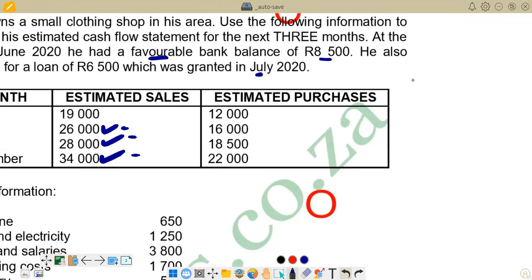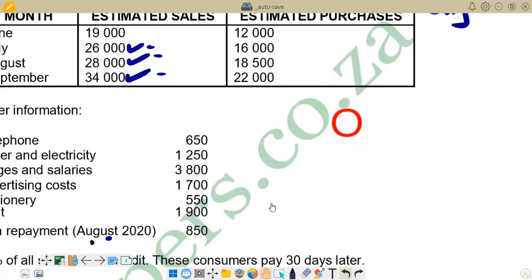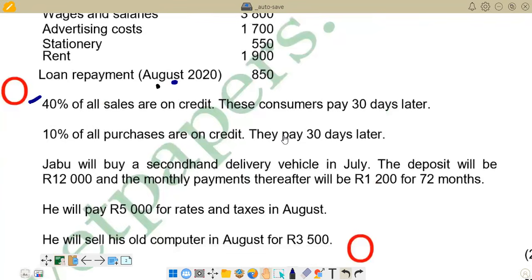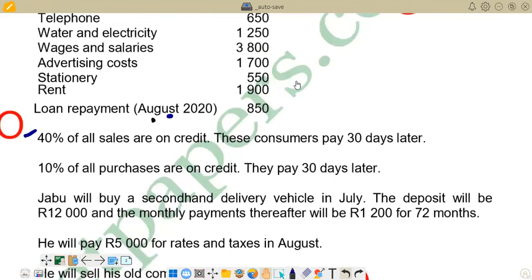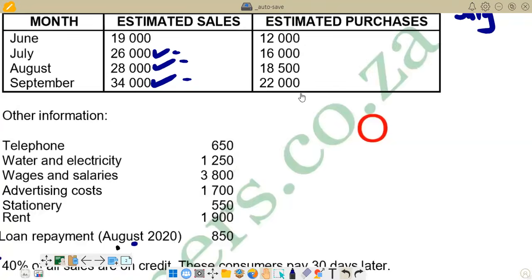So we can start with July. Let's start with cash purchases, and let's listen to the percentages that we are given in the question. We are given here 10% as credit, so it means our cash is 90%. So we are going to use our 90% as our cash purchases.